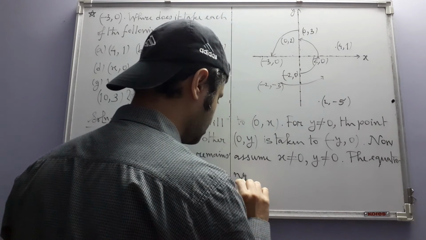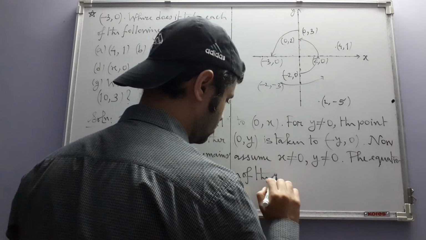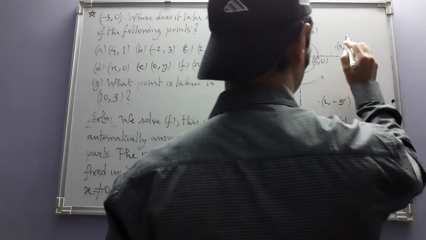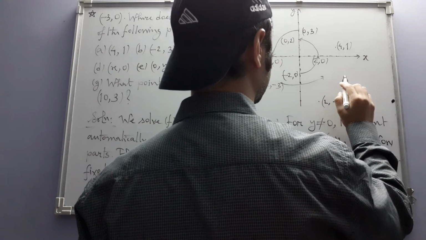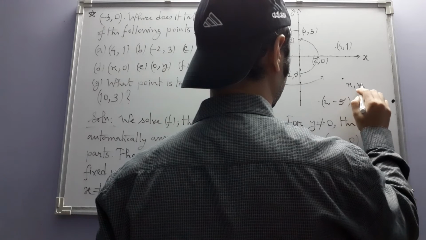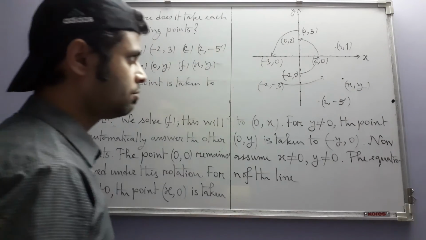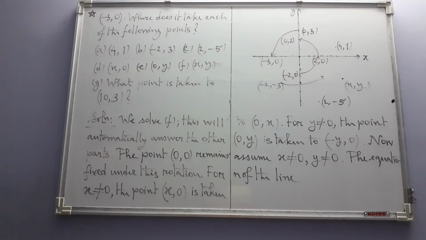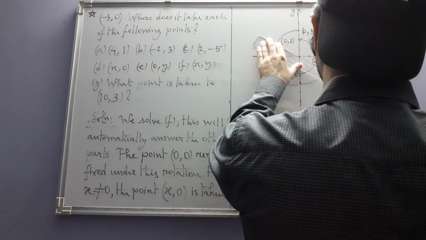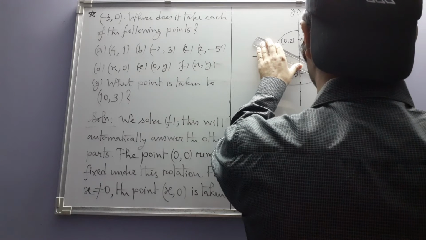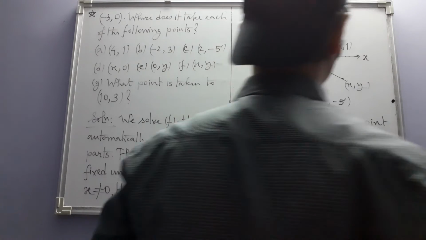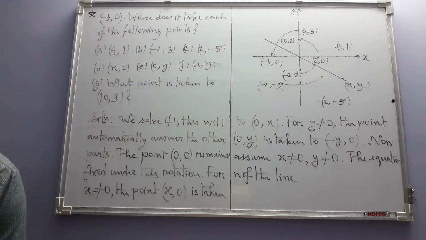The equation of the line, say our point is here, x comma y. Now what is the equation of the line passing through x comma y and the origin?